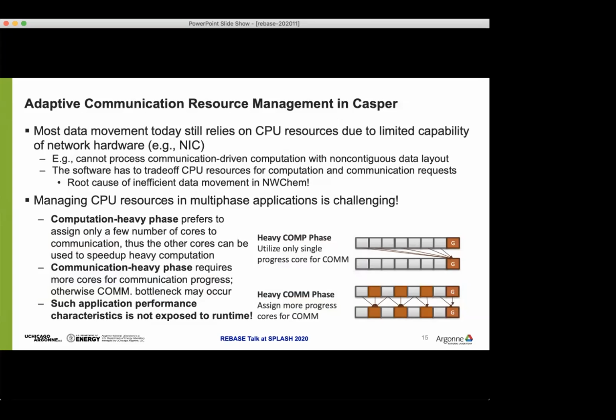For example, non-contiguous data movement is complex, and if the data movement involves some computation, that's even more complex. The NICs today cannot handle such requirements. That's why we need CPU resource to help. So now we are getting into the resource management problem. We need the CPU computing resource for both computation and communication, so we need to make a balance here.